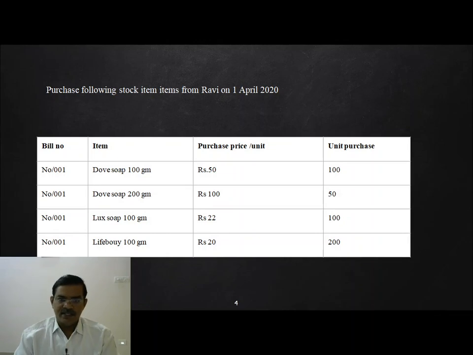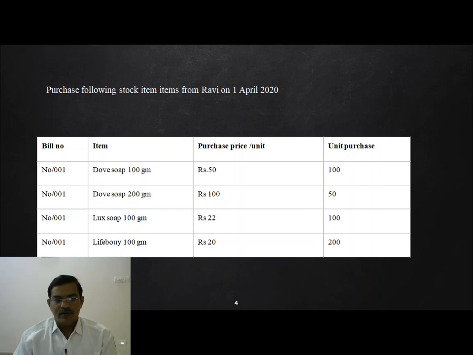The second, at the same time, Dinesh also bought some goods. He bought some soaps. The soap items are like this: Dove soap of 100 grams as well as 200 grams, which is also measured in terms of numbers only.